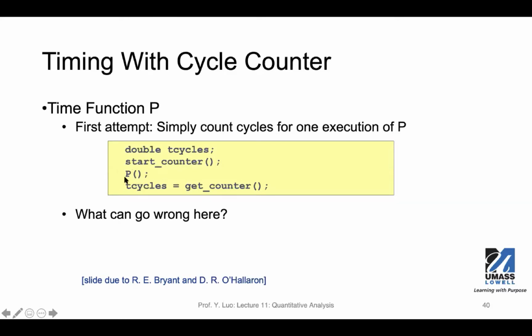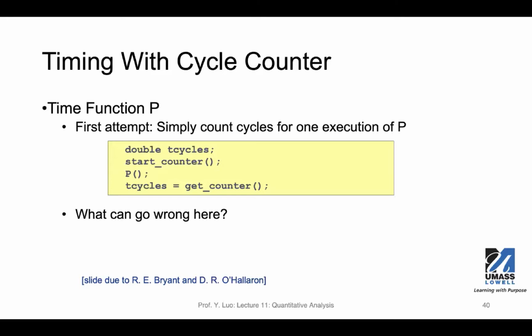You execute this P function, and then you again get the new cycle count, and that will determine the difference, which gives you the number of cycles this function has taken to execute. So it looks okay. So is there a potential problem? Especially if this function is pretty small, pretty short.